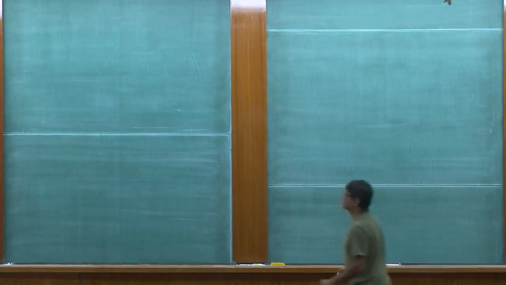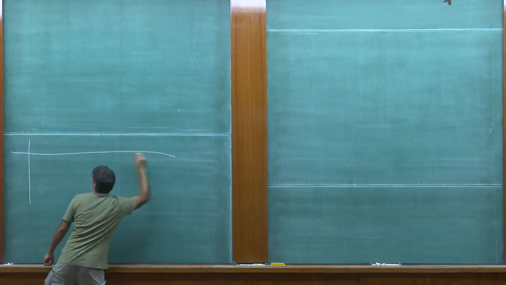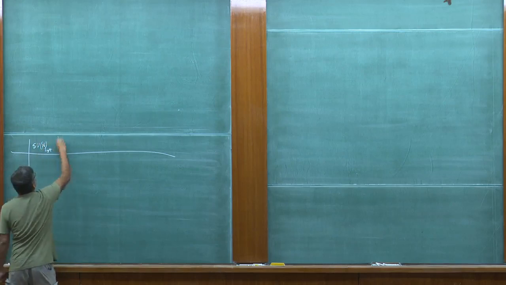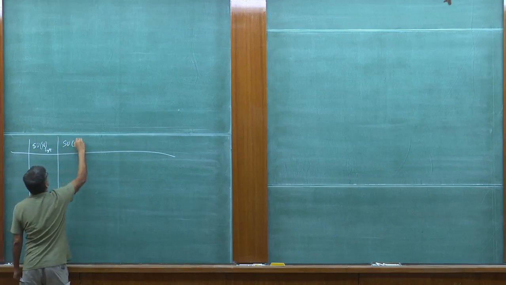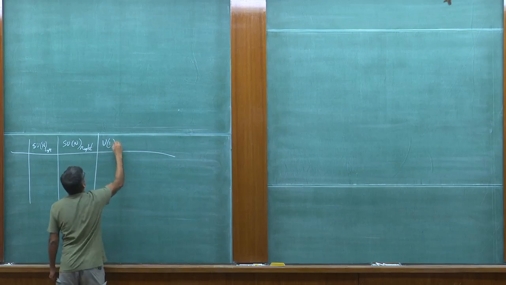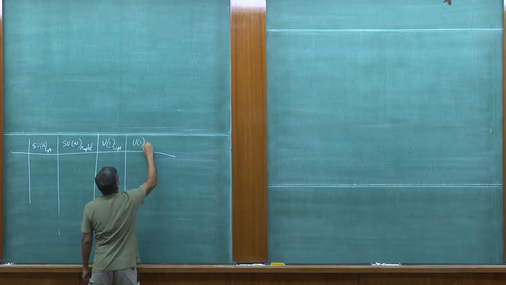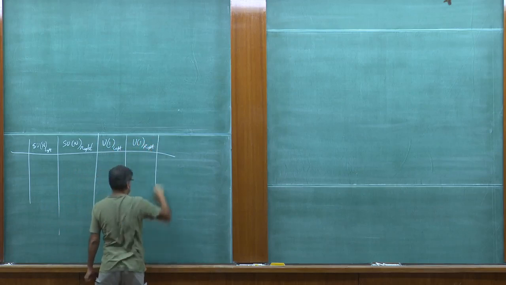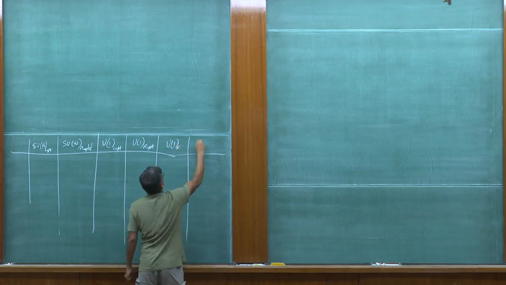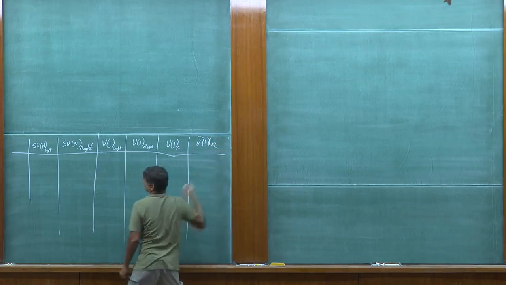What will be useful for us once again is this table of symmetries. So we have U1R, and U1R.